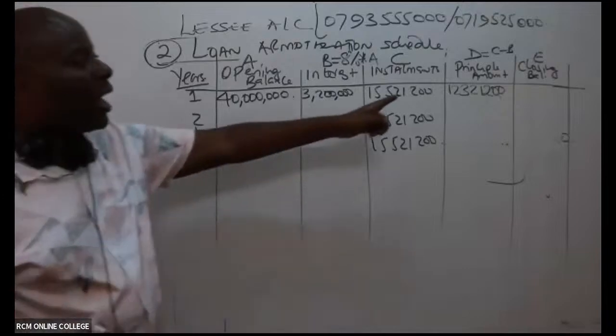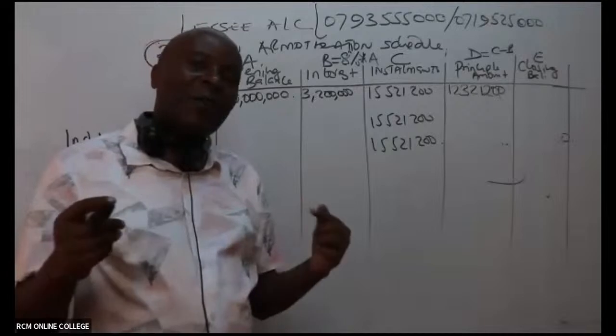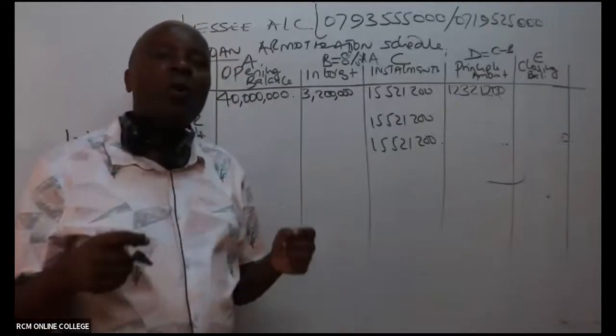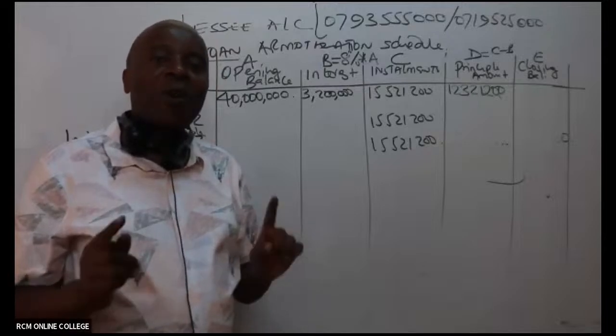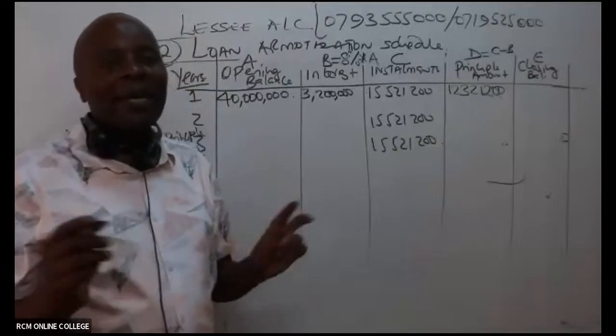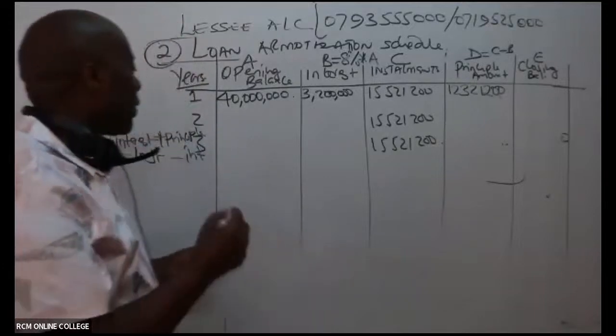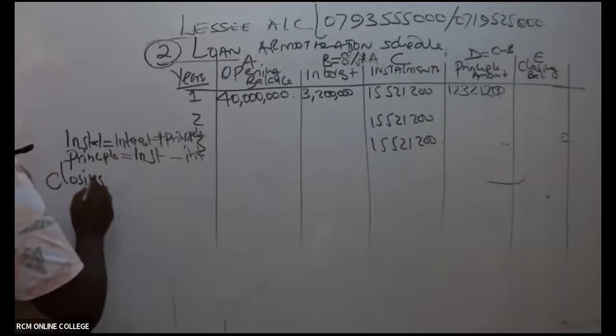Then what do you think am I going to do to get closing balance? I know whenever I take a loan, the closing balance can only be ascertained by taking opening minus principal. Your loan can only reduce by principal amount.